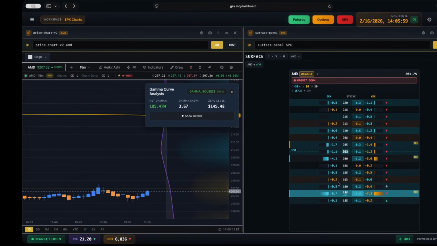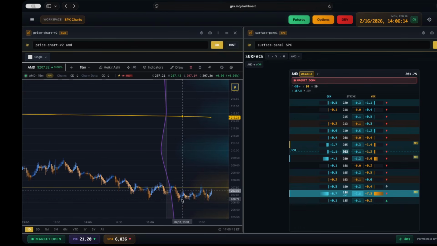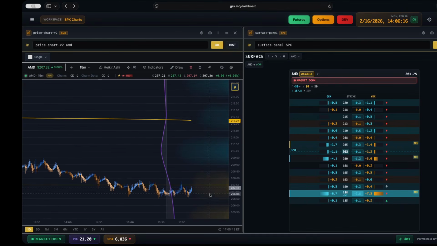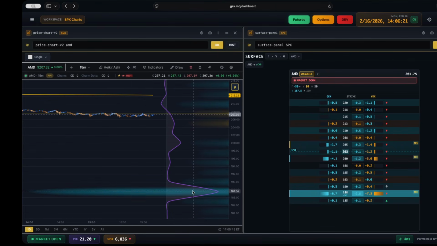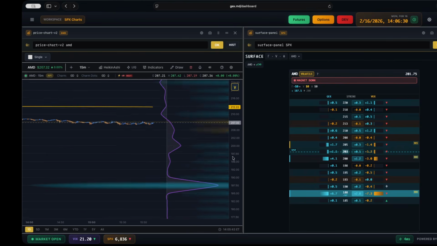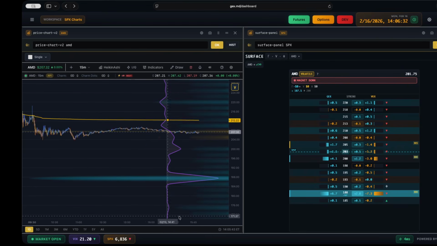So take a look. 187.50. 188 target. 188 right here, that's the magnet. I already told you, next week we can go all the way up, all the way down to over here.